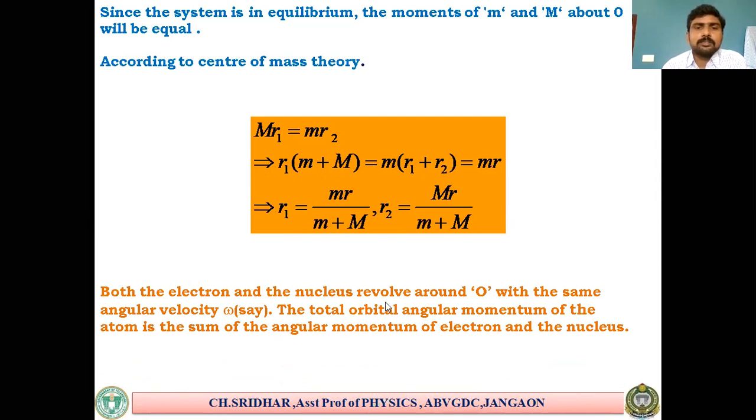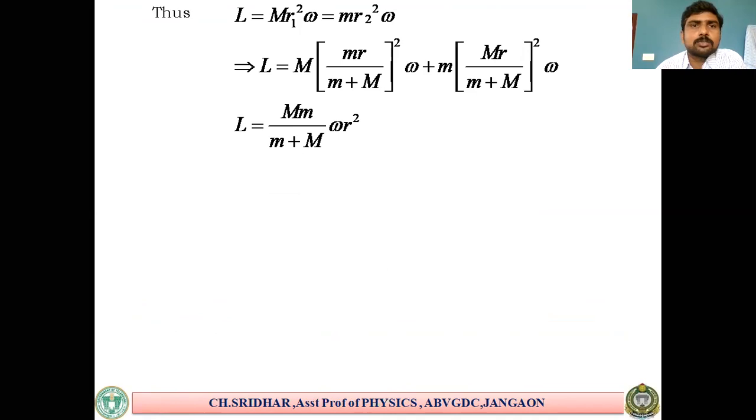Both the electron and the nucleus revolve around O with the same angular velocity omega. So the total orbital angular momentum of the atom is the sum of the angular momentum of the electron and the angular momentum of the nucleus. Thus the total angular momentum L is equal to m R1 square omega plus M R2 square omega.